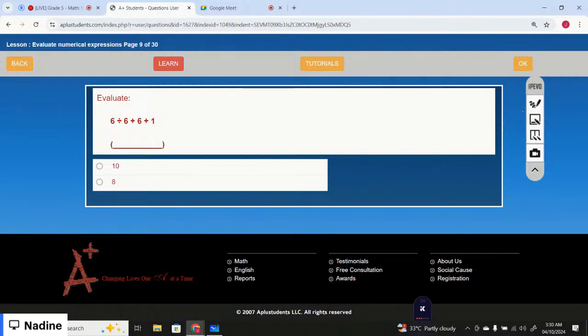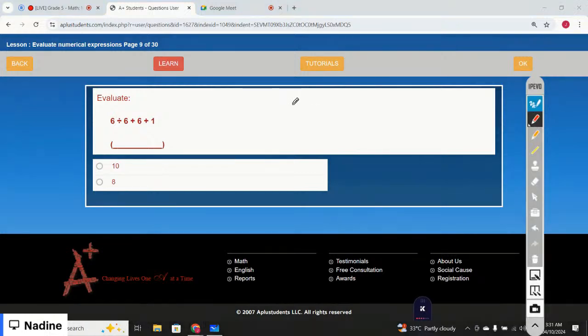Evaluate 6 divided by 6 plus 6 plus 1, which is the correct option? 6 divided by 6, you have to do first. 6 divided by 6 is 1. Then you have to add.